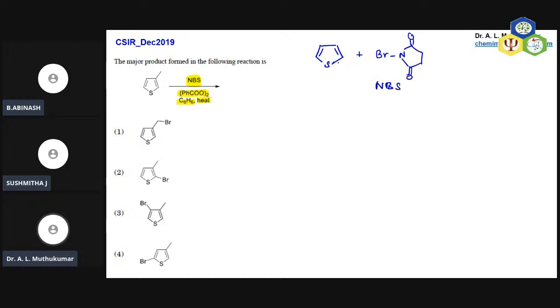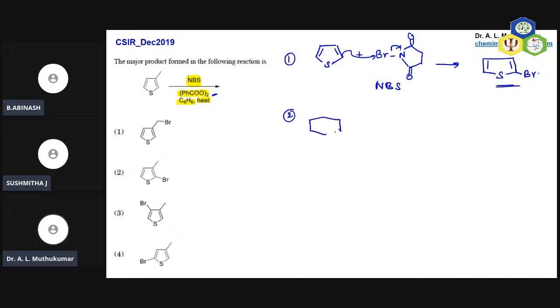When you treat thiophene with NBS, the reaction obviously takes place at the C2 position, and you would get 2-bromothiophene. But here they are not giving only NBS, they are also giving benzoyl peroxide. This is a radical process; it is a very good radical initiator.